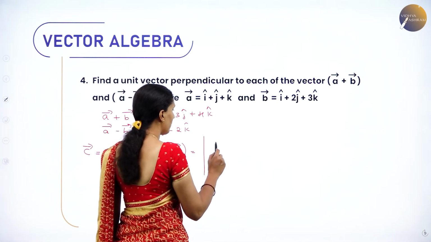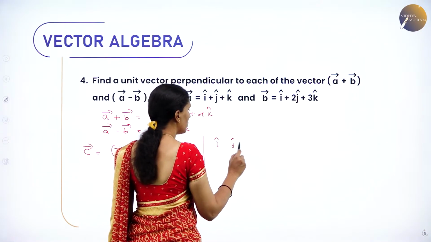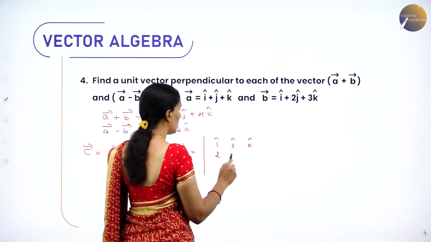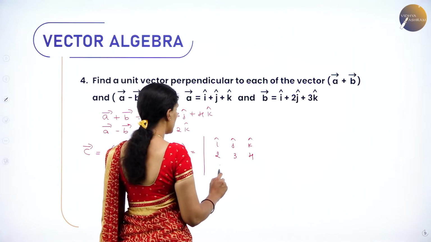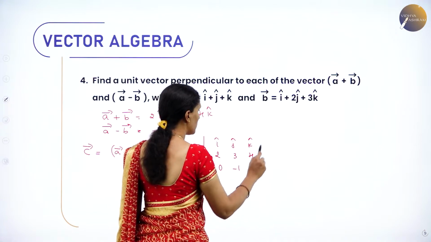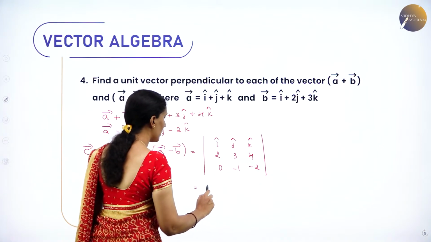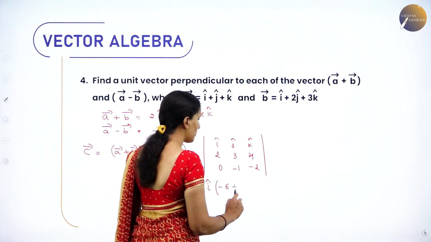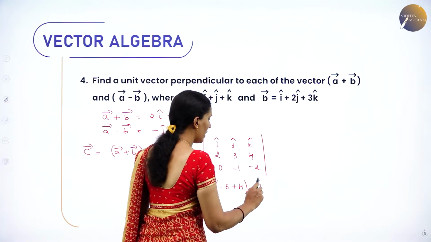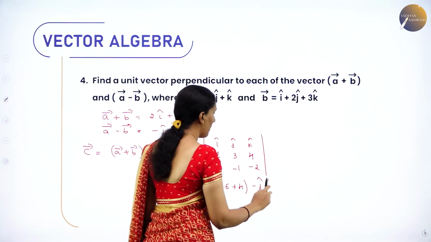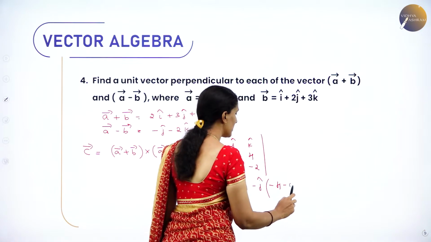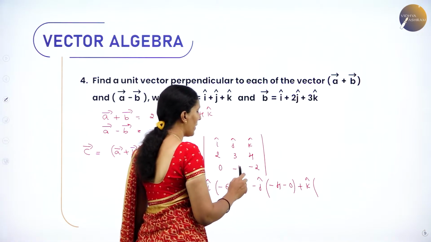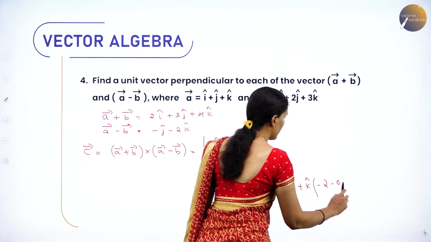It is given by i, j, k. Let us write the components now. 2, 3, 4, 0, minus 1, minus 2. Let us expand this. i, minus 6 plus 4, minus j, minus 2 minus 4 minus 0, plus k cap, minus 2 minus 0.